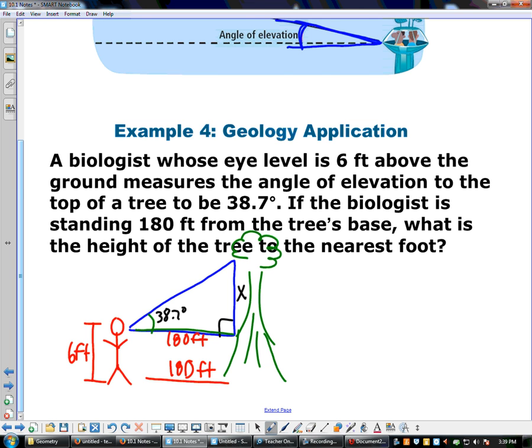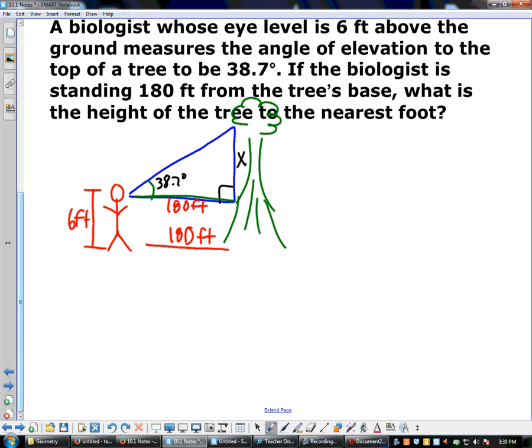So using the triangle that we have here, let's look at what sides we're given. We have an angle measure, and we know that this part over here is my opposite leg, and this 180 is going to be my adjacent leg. So thinking of SOHCAHTOA, which one should I use if I have opposite and adjacent? Well, hopefully you're saying TOA. We're going to use tangent here.